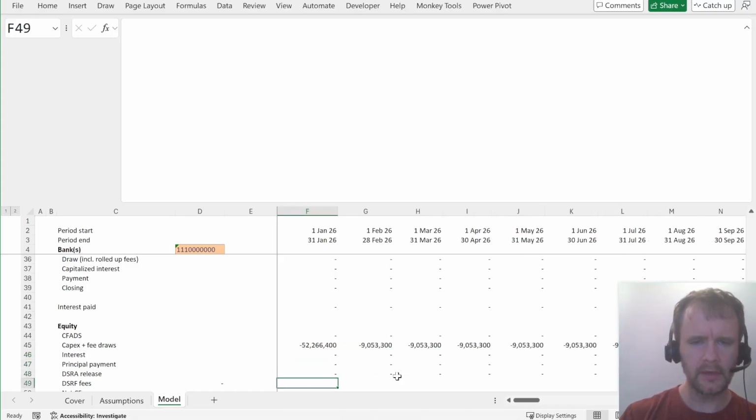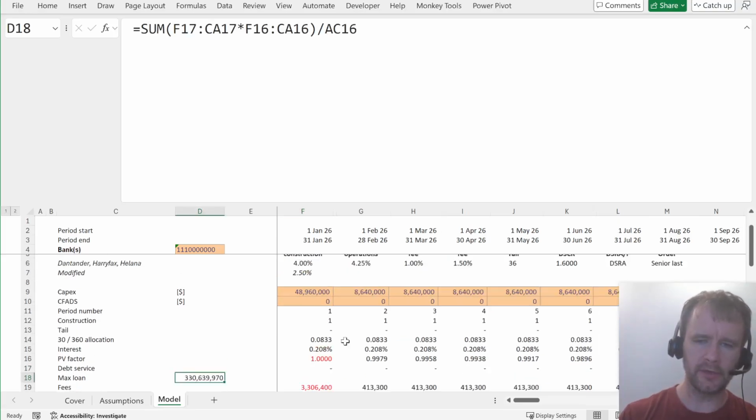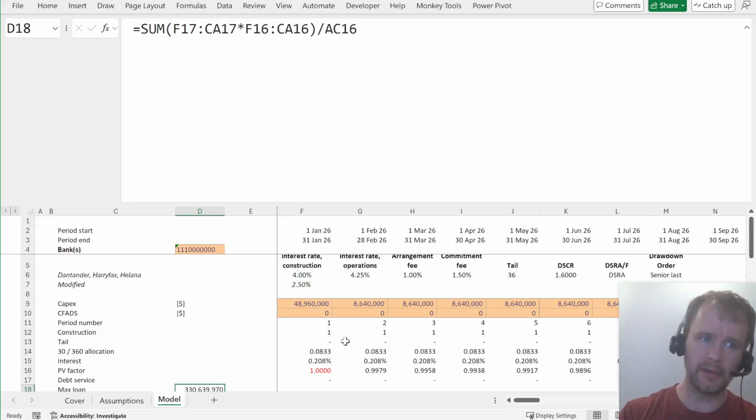Okay, good. And then, oh yeah, so the DSRF didn't come into the sizing anywhere, but the idea of the DSRF is basically the committed amount, rather than just being this 330, will be increased by the amount of the largest 6 monthly debt service amount.